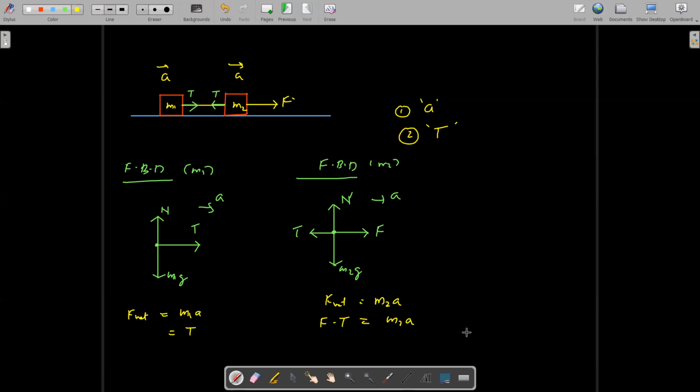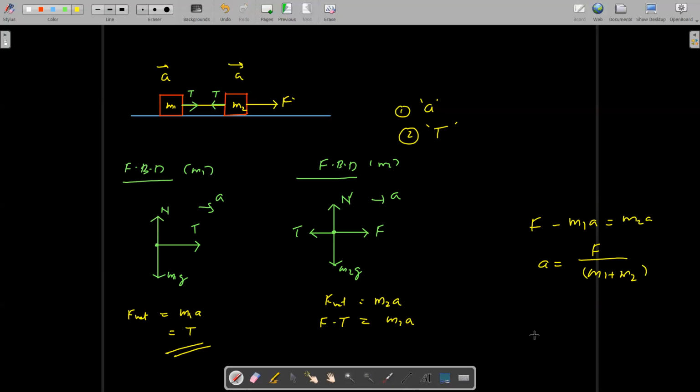Okay, so we can write it as, T's value is M1A, from this. So F minus M1A is equal to M2A, or F is equal to M1 plus M2 into A. Or we can write acceleration as F by M1 plus M2.